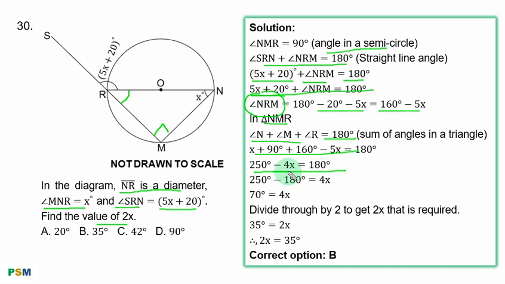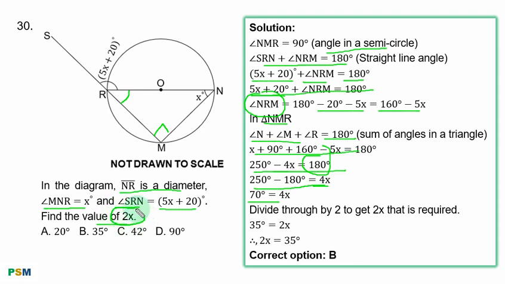You have it in this form, and you have this result. Transfer this to the right. For it to become positive, you transfer this value to the left. You have it in this form. So if you subtract, you have 70 degrees equal to 4s. You are asked to find 2s.